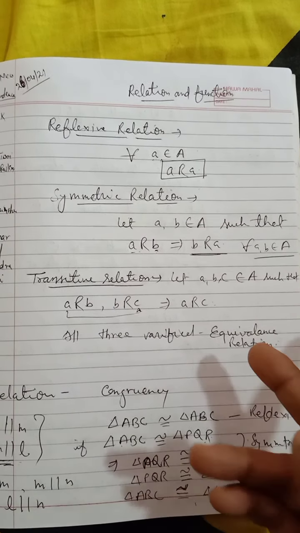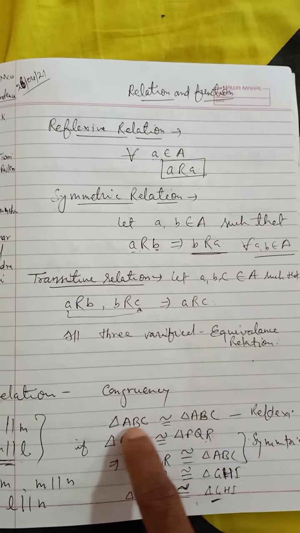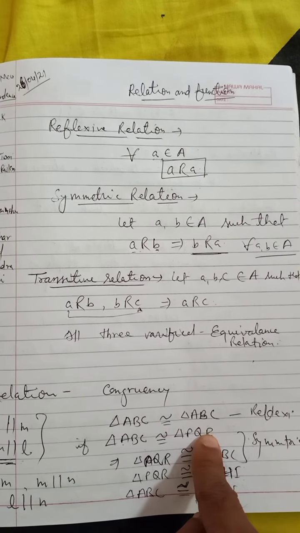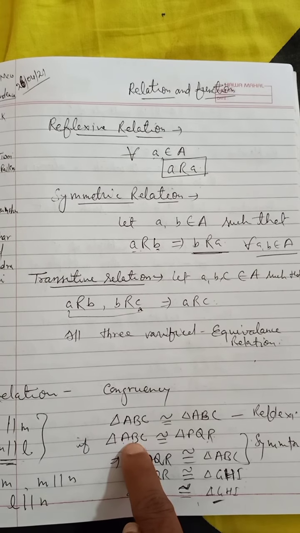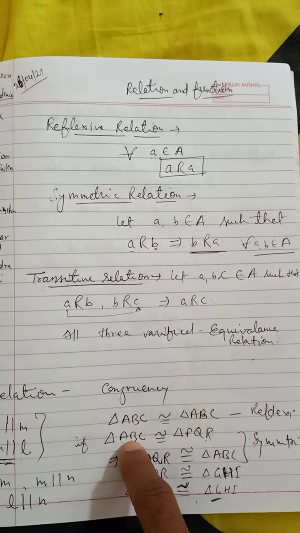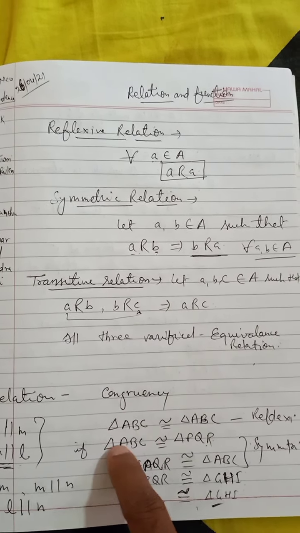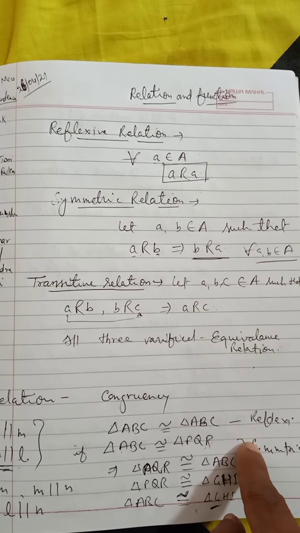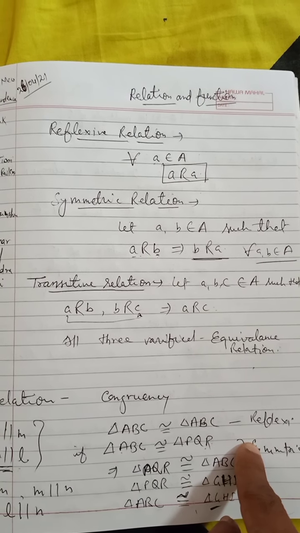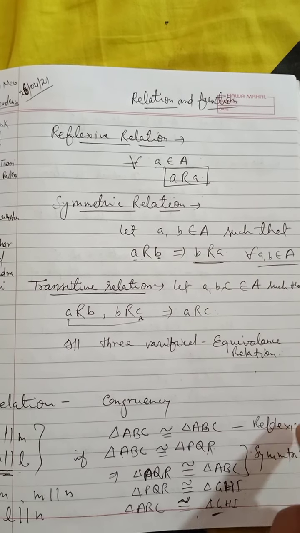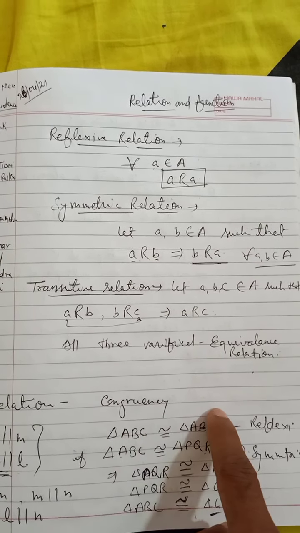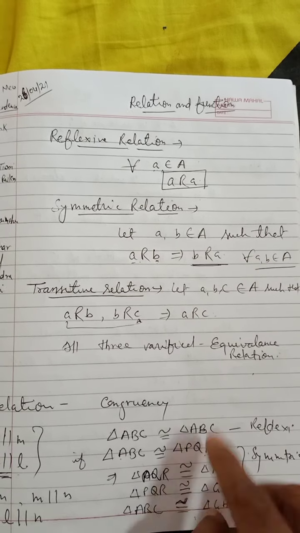Okay, again as an example, we take similarity. Triangle ABC is similar to triangle PQR, then triangle PQR is also similar to triangle ABC. That means similarity is a symmetric relation. If we take congruency, triangle ABC is congruent to triangle PQR, then triangle PQR is also congruent to triangle ABC, vice versa.